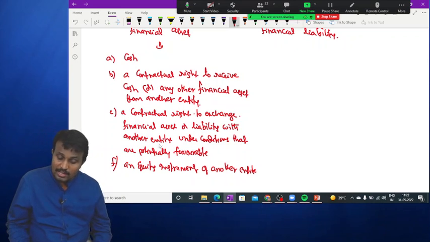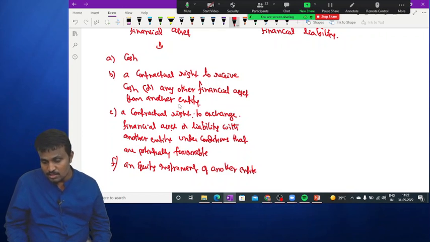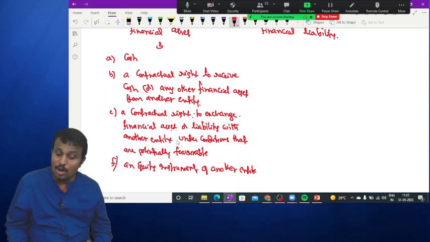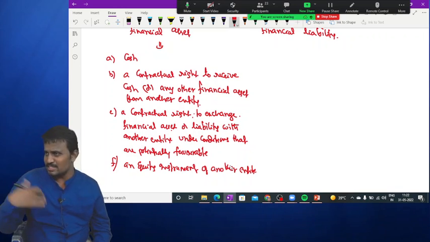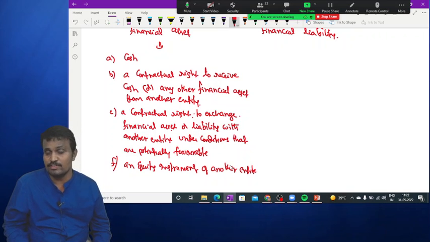And a contractual right to exchange financial asset or liability with another entity under conditions that are potentially favorable. So this is the best example for options. And the last one is an equity instrument of another entity, meaning investment in equity shares of another company.